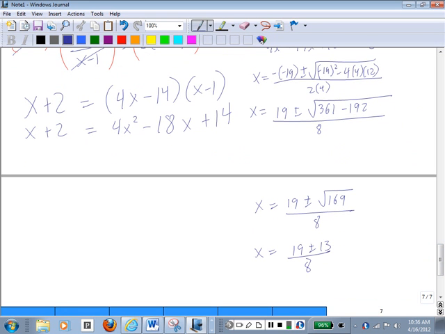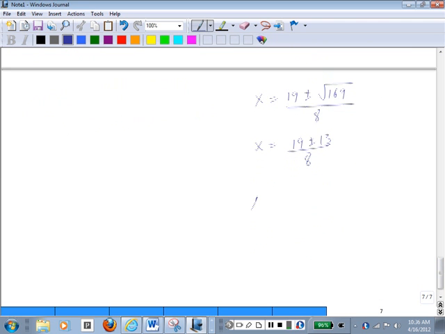Don't shout out the answer, but who knows what 19 plus 13 is? Most of us do. And what 19 minus 13 is? Yes, okay. So we can simplify this, in other words. We wouldn't want to leave our final answer like this. We can write x equals 19 plus 13 over 8, or x equals 19 minus 13 over 8.